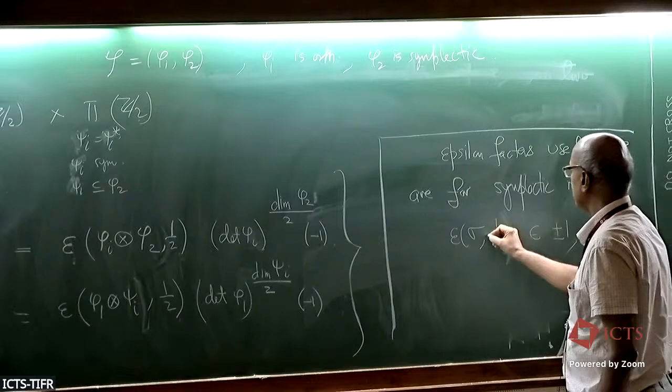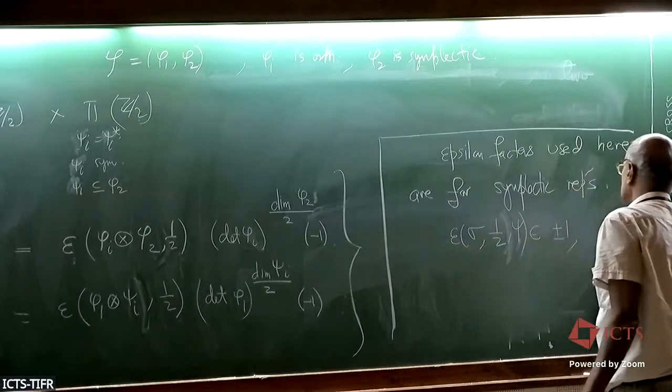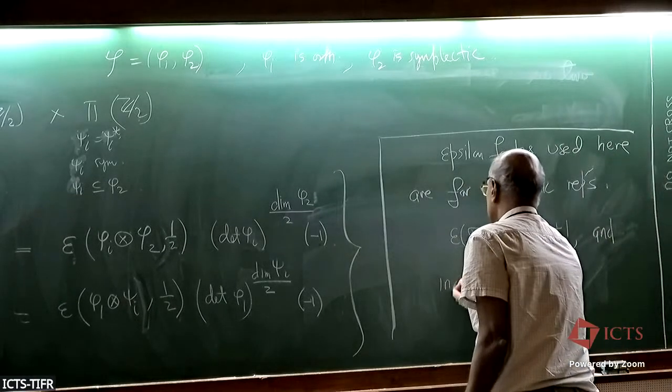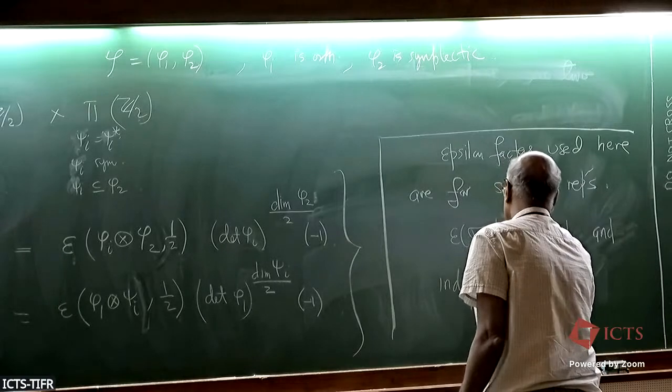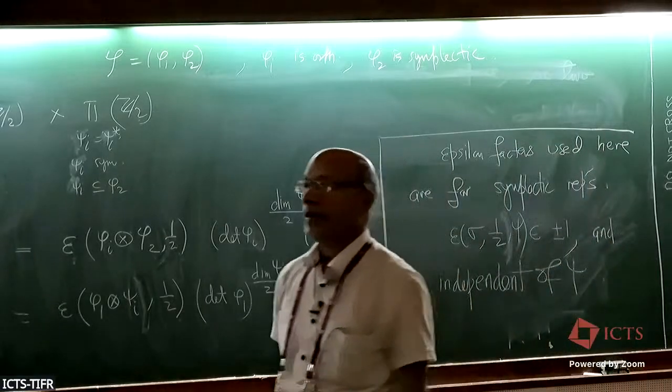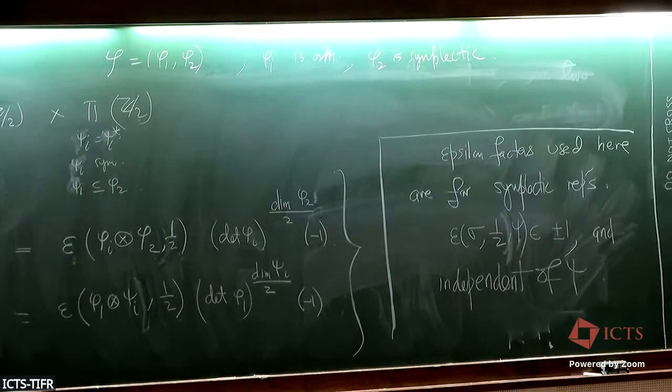Typically, there is an additive character psi, and then one says that it belongs to plus minus 1 and is independent of psi. I mean, the epsilon factors of orthogonal representations are supposed to be simple-minded, and there is not too much mystery. The epsilon factors of symplectic representations, on the other hand, are mysterious, and somehow the conjecture uses the epsilon factor of symplectic representations.